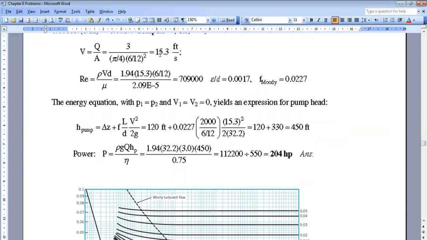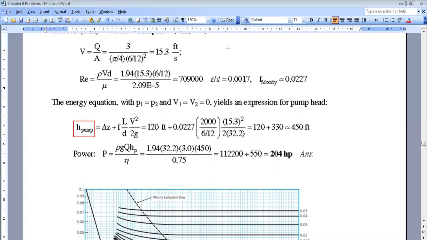If I replace it back into my energy equation, the only unknown will be the head of the pump. So by replacing F by its value, I can calculate the pump head. And once I know the pump head, how do I calculate the power?